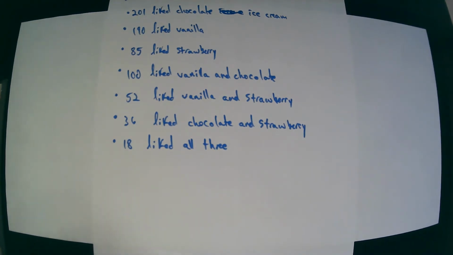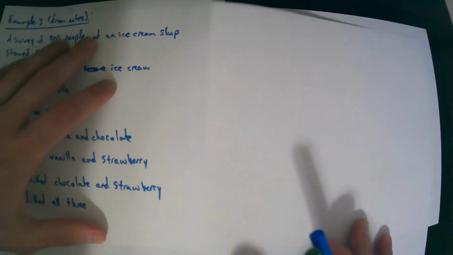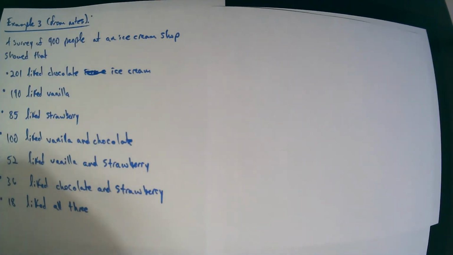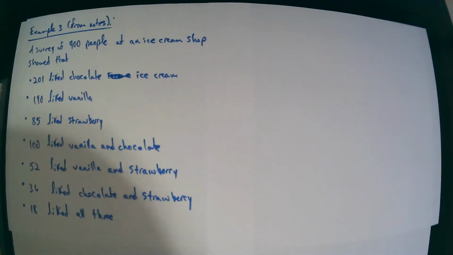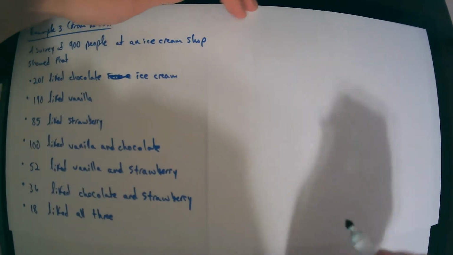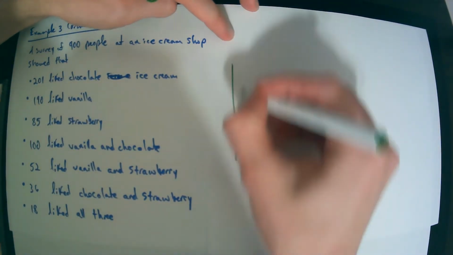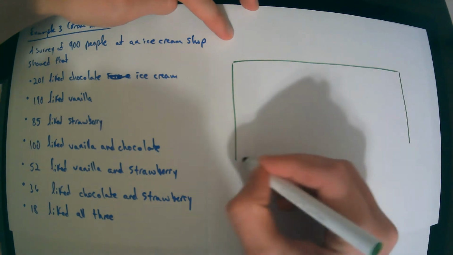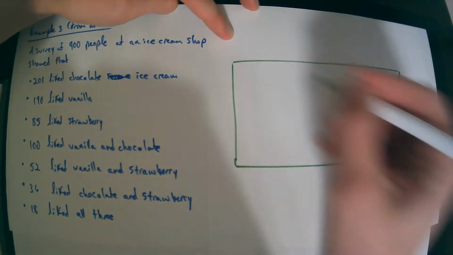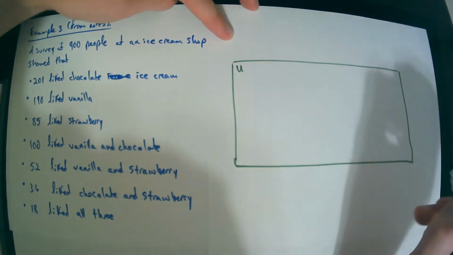So we want to construct a Venn diagram for this situation and answer some questions about it. Okay, so let's say I've got my universal set. Always need a universal set.